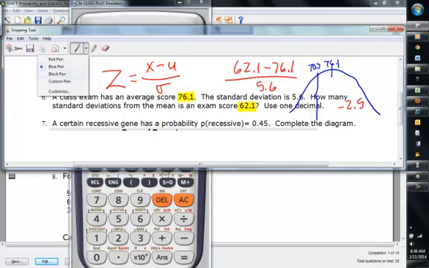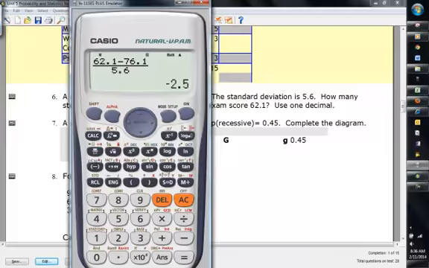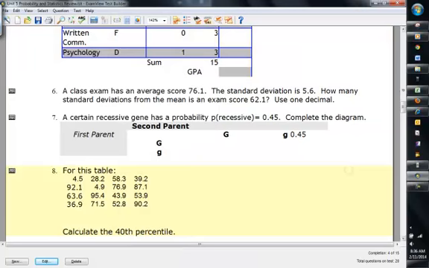Our score is way down here at 62.1. So we are 2.5 standard deviations below average. In other words, our percentile is not very high because there's not very many people who had a worse score than us. Let's look at this next one.